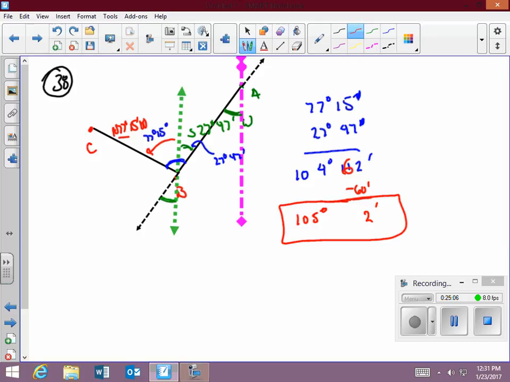But you always want to take minutes out to add degrees, don't want to leave. Same way with seconds. If you've got more than 60 seconds, you want to take minutes out. Okay. So any questions on that?